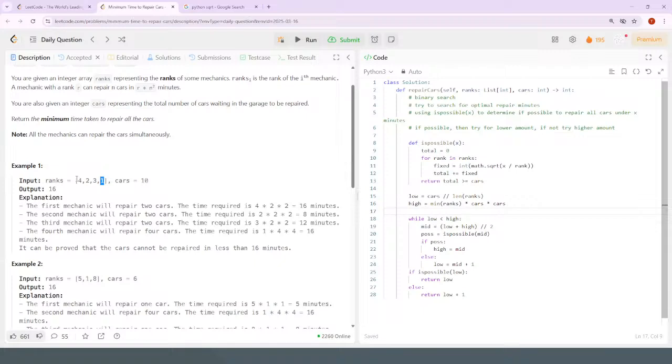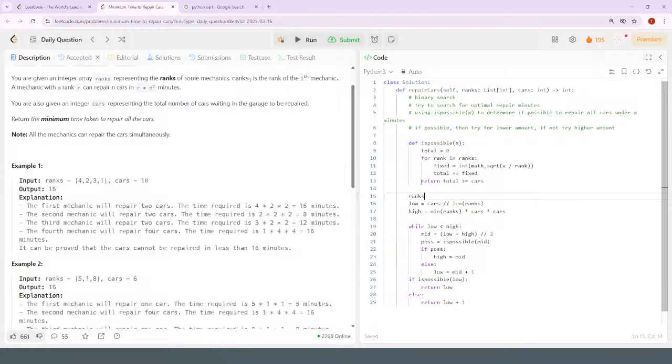Maybe if you sort the ranks, what if you did this ranks.sort, so it goes from low to high, and then when you check if it's possible, you're looking at the biggest ones first.